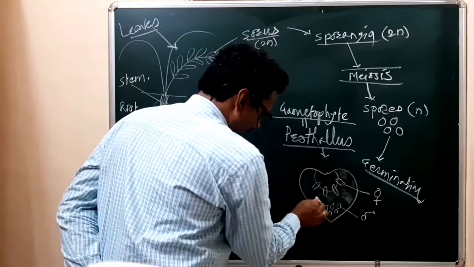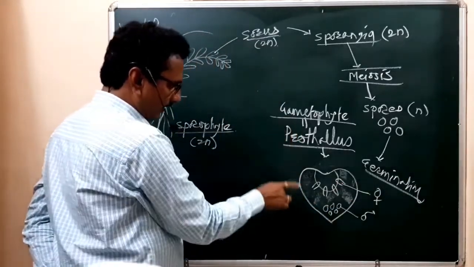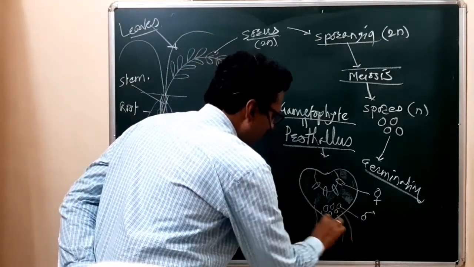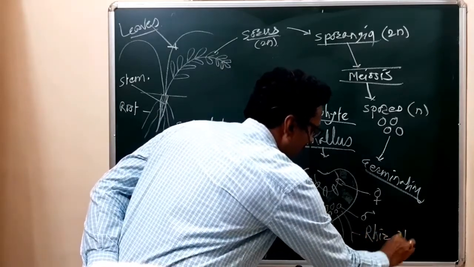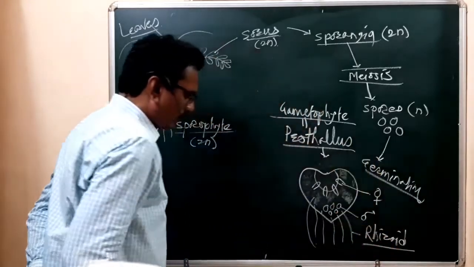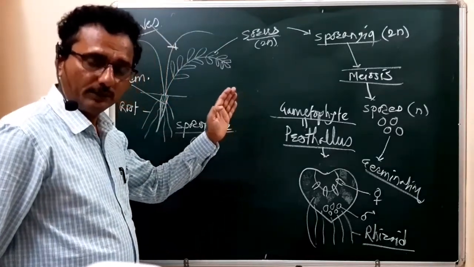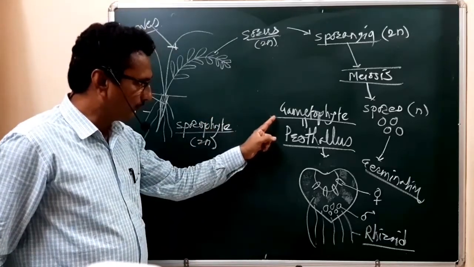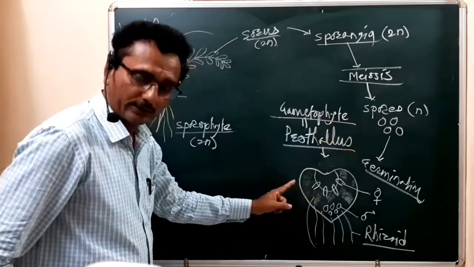Because of that, this gametophyte is independent, and it has rhizoid-like structures. Just as I mentioned before, in pteridophytes the gametophytic phase develops from the haploid spores, so it is haploid.